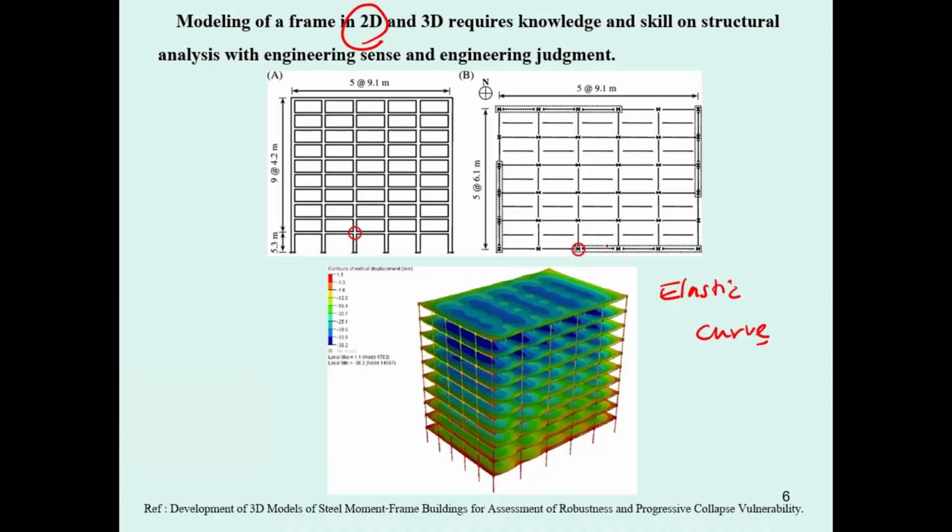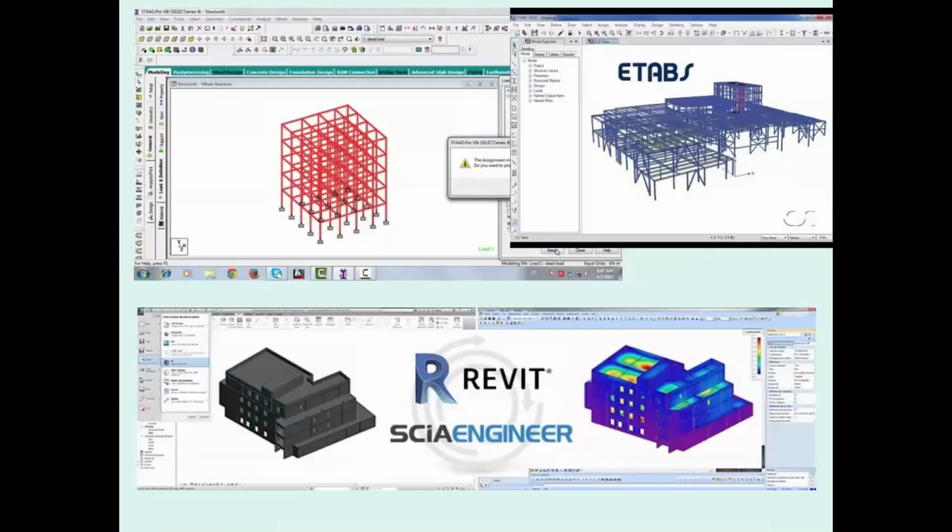However, in the real world, you're going to run three-dimensional structural modeling, and then the elastic curve is going to be a bit more complicated, and that again requires the basics of elastic curve drawing you have studied before. Now, Ajahn has asked you already about practicing with computer software, not only for structures, but many others.